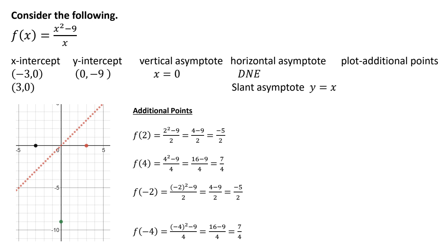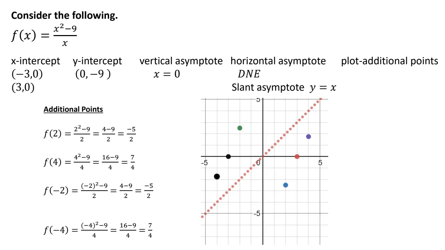When I plug in 2 to my function, when x equals 2, y equals -5 halves. When x equals 4, y equals 7 fourths. When x equals -2, y equals -5 halves. When x equals -4, y equals 7/4. Let's go ahead and plot those points here.